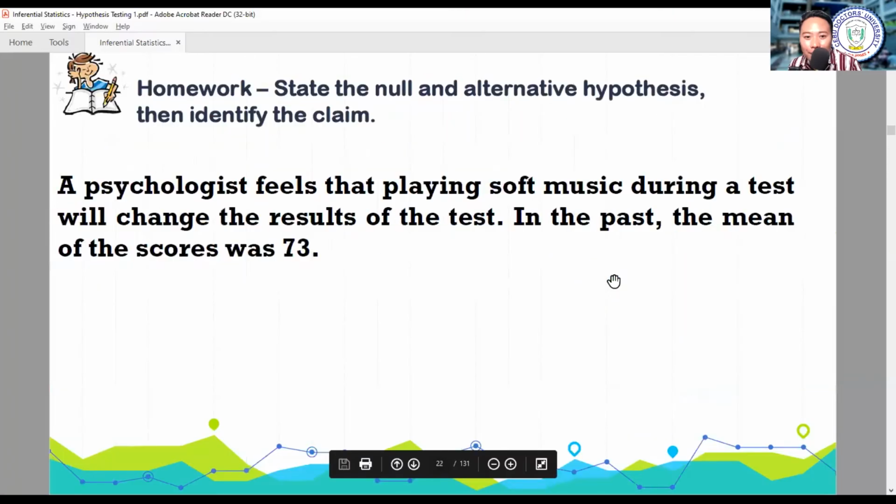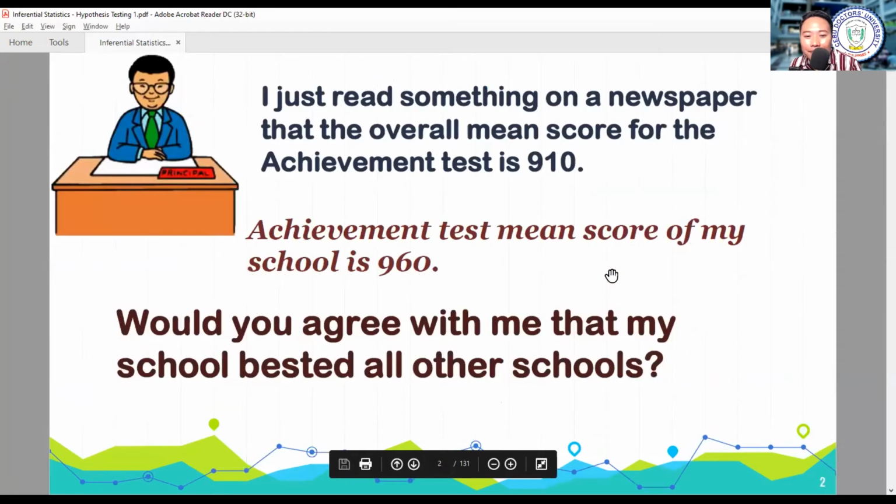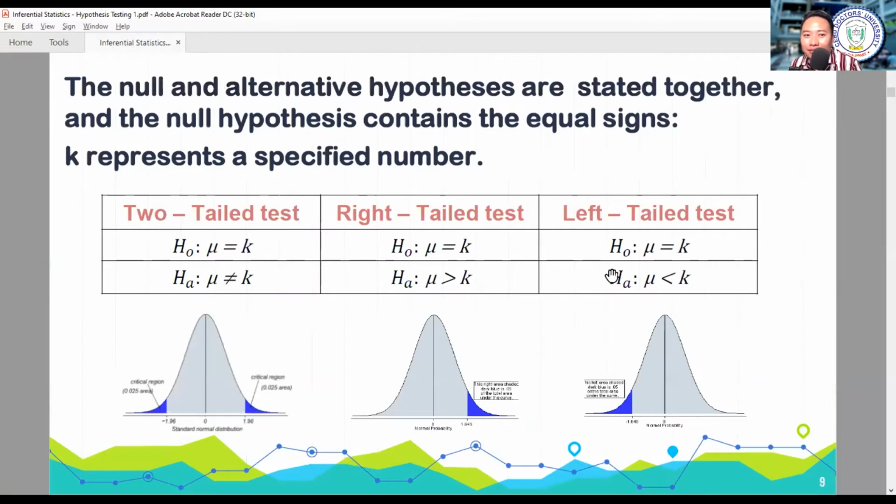Where's the PDF? Okay, I'm just gonna share my screen. Here. Let me scroll up. There. Is it one-tailed? Two-tailed?